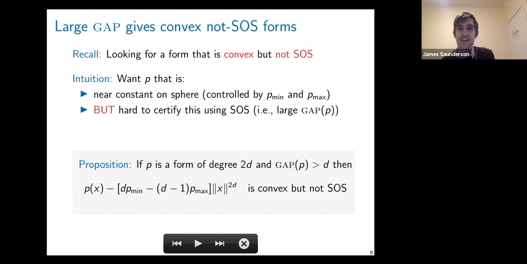And that's in fact exactly, if you take Blekherman's condition and the quantity gap and do a little exercise, you come up with the following statement, which is extremely useful for what we want to do. Okay, so if P is a form of even degree 2D, and this gap quantity for P is bigger than D, then by shifting P by a multiple of the norm to the power 2D, you get a form that's convex but not a sum of squares.